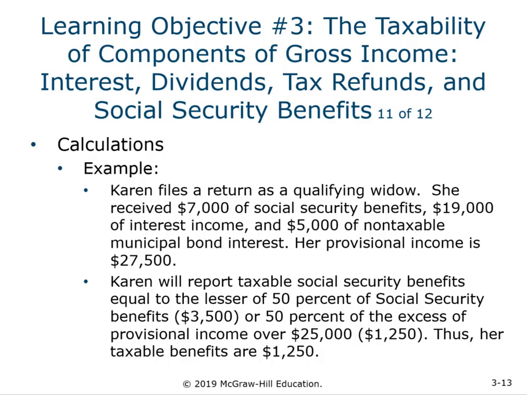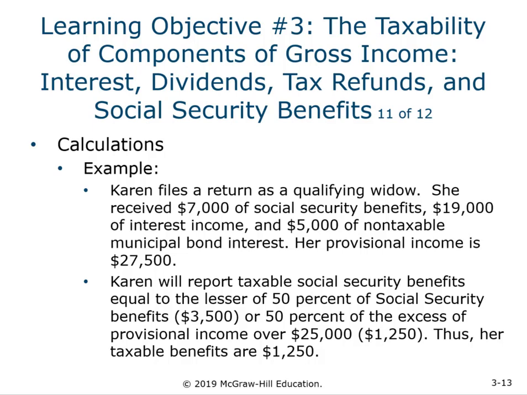So half of that is 1,250. So she includes in her AGI 3,500 or 1,250, whichever is lowest. So for most of the time, it'll be the lower of the two. It will be the amount over the threshold.